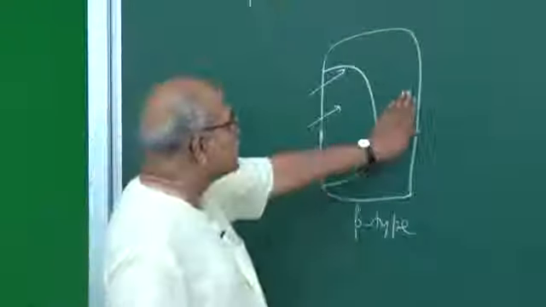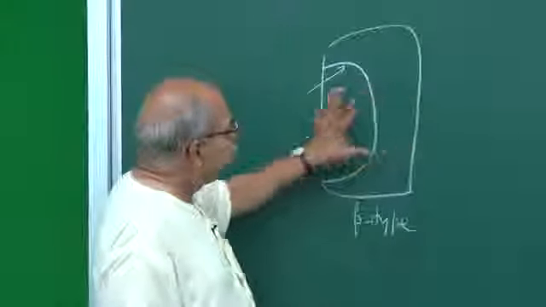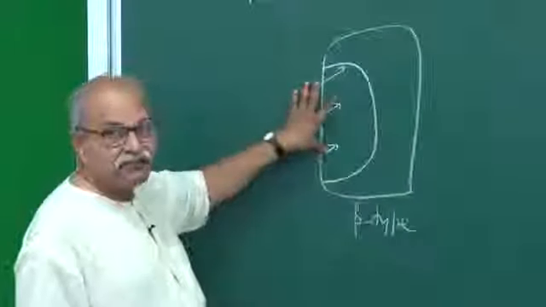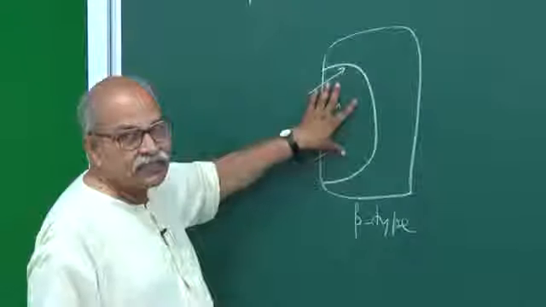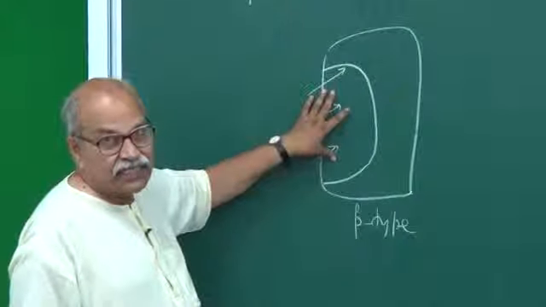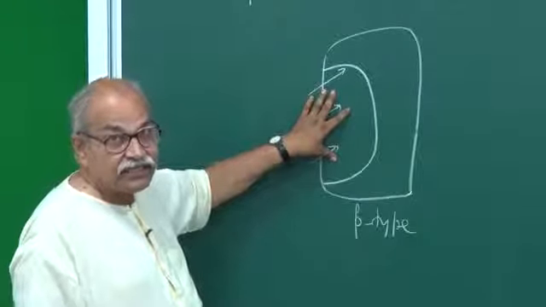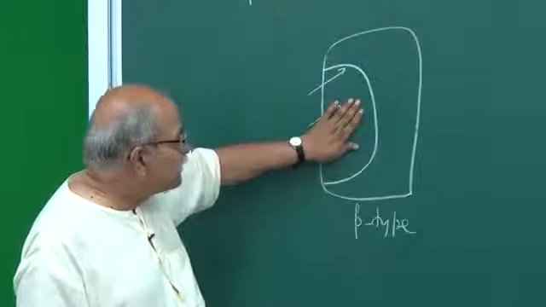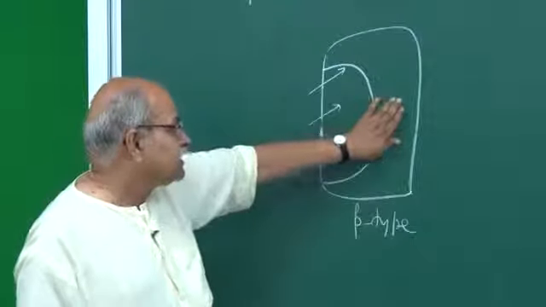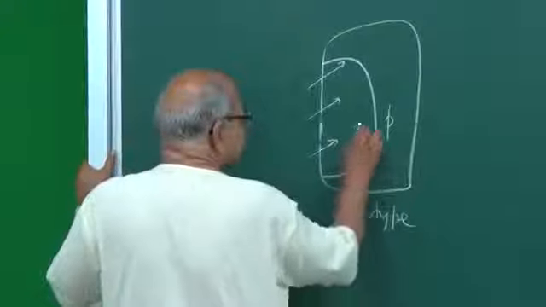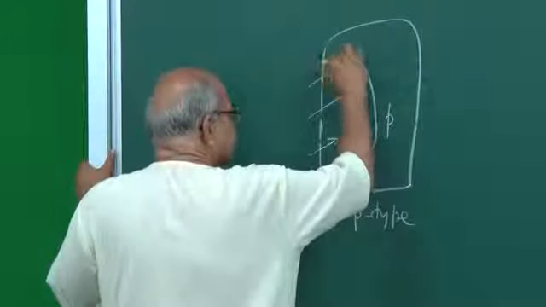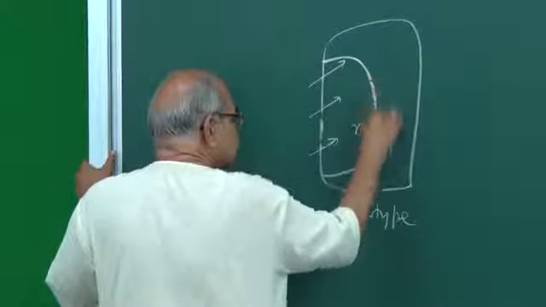So, this side still remains p-type, but here dopants of pentavalent impurities are diffused in a larger concentration. So, this side becomes n-type and this side remains p-type. So, you have p-type here, you have n-type here, and this is the junction. This is that junction.